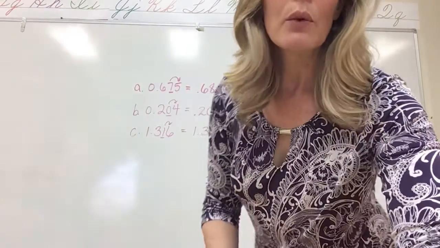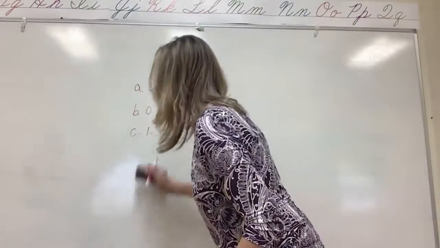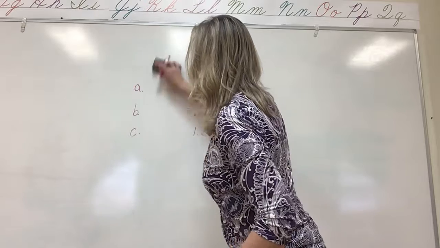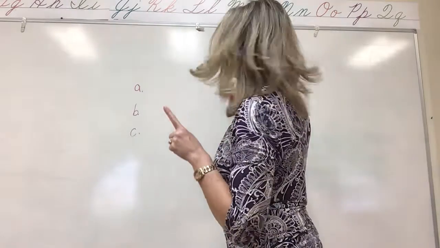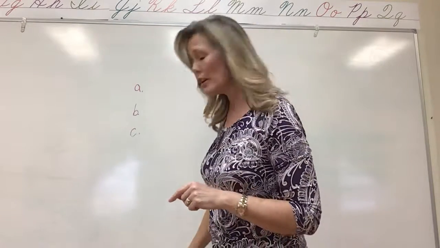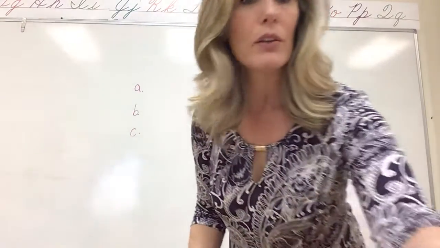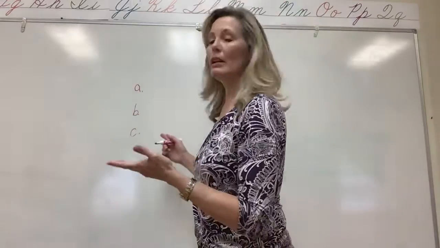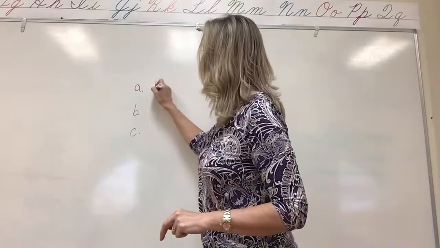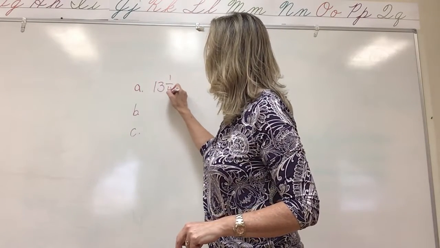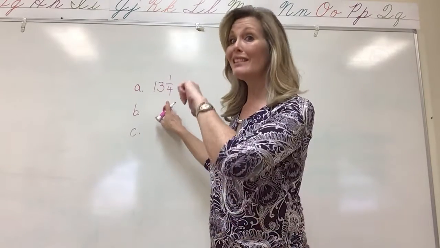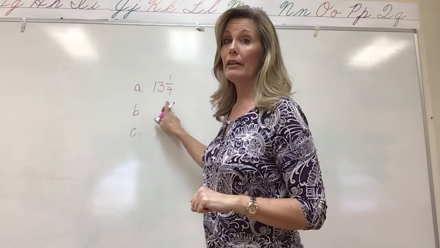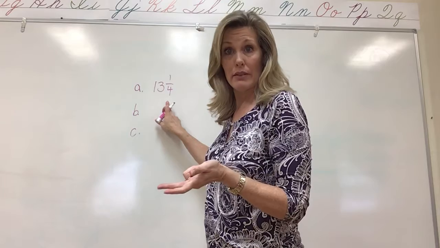Number 4, round to the nearest whole number. The whole number is your ones place, so that's the digit just in front of your decimal point. So on letter A, I have 13 and, oh, they didn't do these in decimals anyway. 13 and 1/4. A fourth is less than a half. Half is my 0.5, remember?